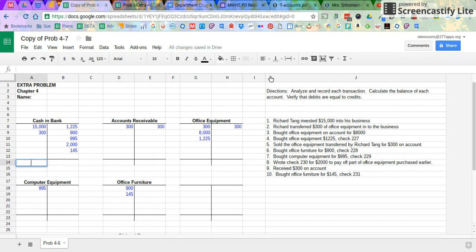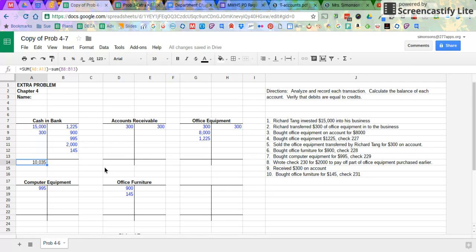So we're going to say sum the debits, and then I'm going to subtract the sum of the credits. So in this case, I'm going to add up the debits and subtract the credits.